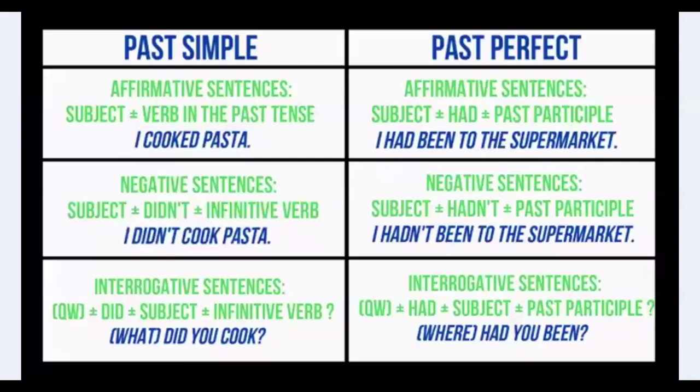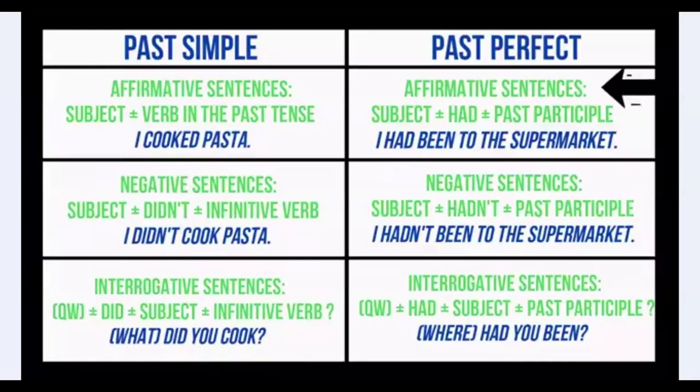In affirmative sentences, simple past is made up of subject plus verb in the past tense. In negative sentences, the structure is subject plus didn't plus infinitive verb. In interrogative sentences, the structure is question word plus did plus subject plus infinitive verb.